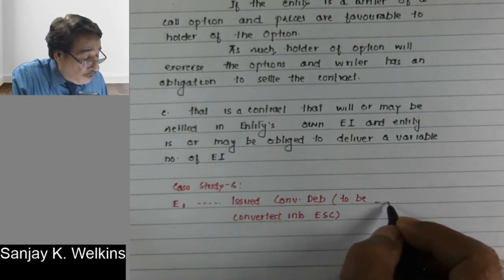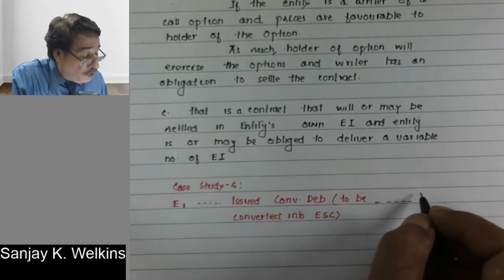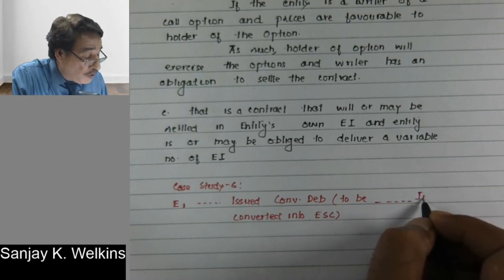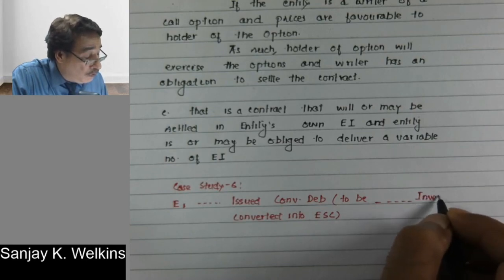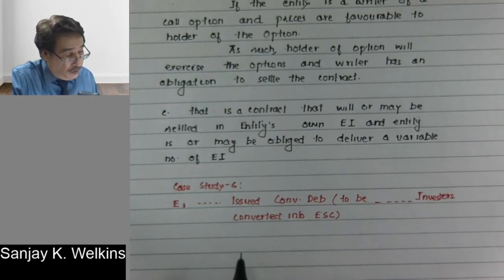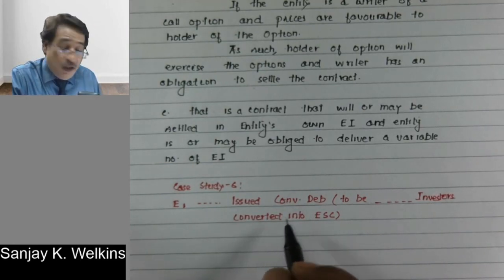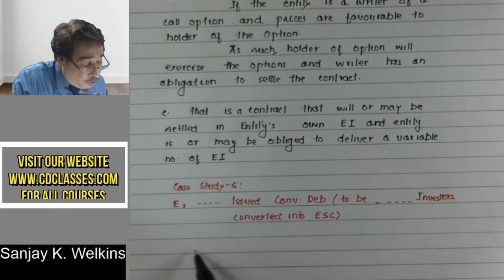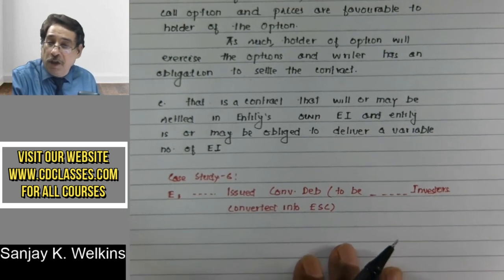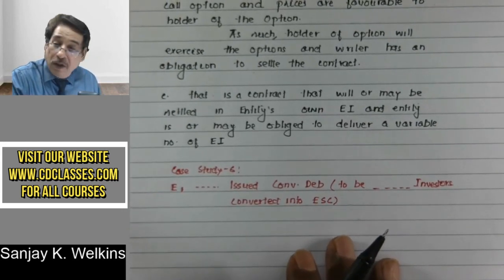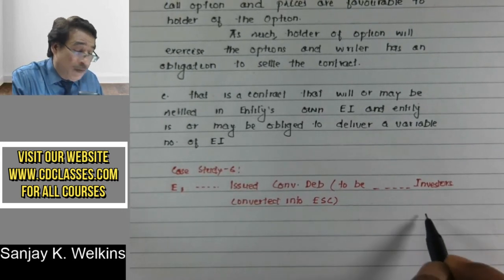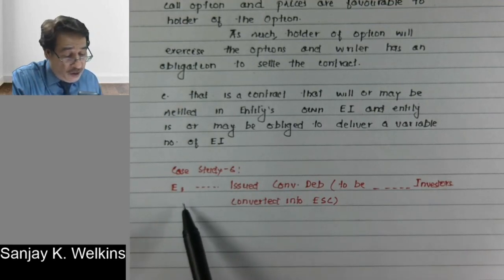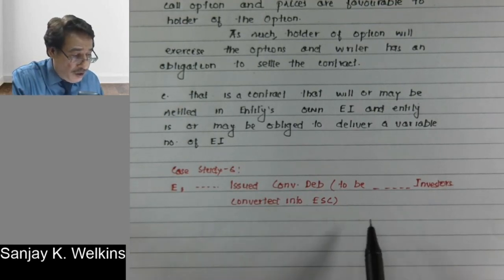Obviously E1 has issued these debentures to the investors. Now, when these investors convert, the entity is obliged to give them equity instruments. Are you getting my point or not? Whenever an investor gets them converted, the entity cannot simply say no because it is a contract.